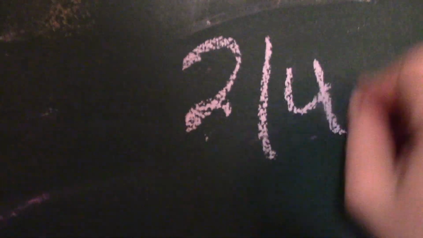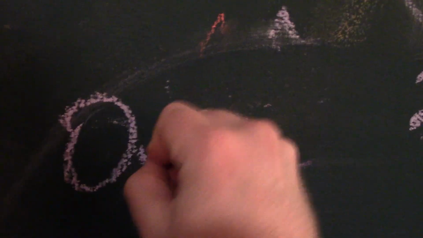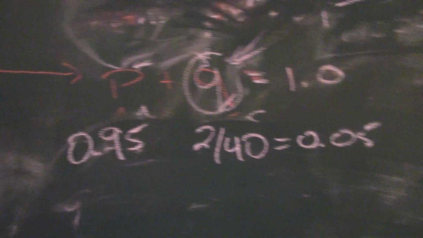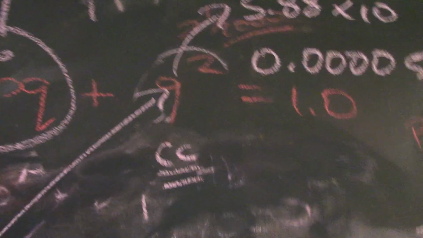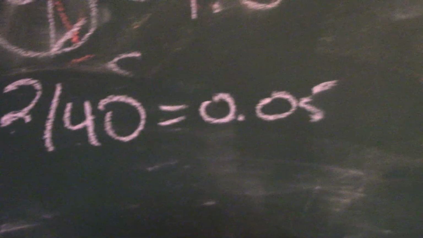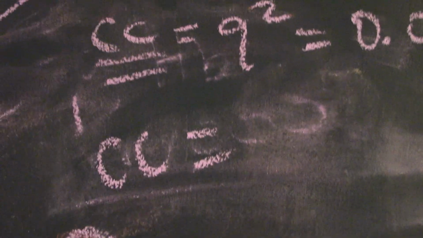Right, so Q squared. So I know that 2 out of 40 alleles is 0.05, and P is 0.95. So I can solve for Q squared. Okay, so little c equals Q squared. So Q is 0.05, so 0.05 squared equals little c. And that'll be the prevalence of cystic fibrosis on the island.